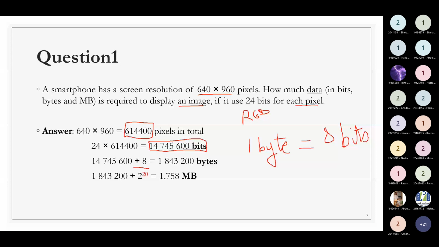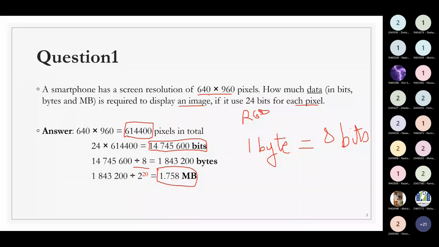So this is the data in bytes to represent an image in a smartphone screen resolution of 640 multiplied by 960.